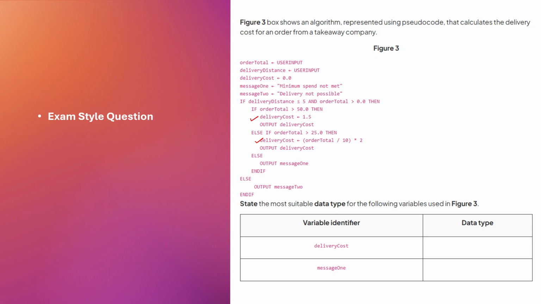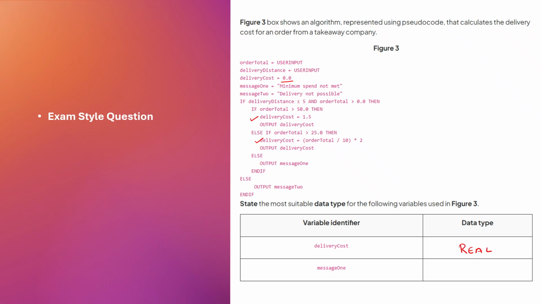So as seen from these statements, the value of the delivery cost is constantly changing. That means it's a variable. Now, which data type will be assigned to this variable? Here, this is including a decimal point with a fractional part. So that means the data type used here would be real.